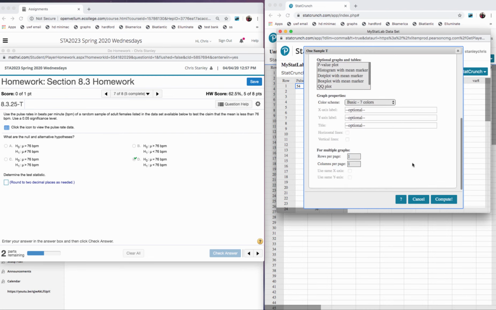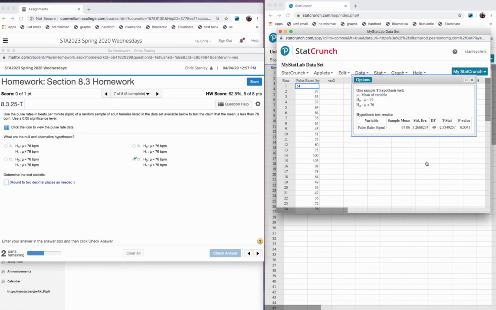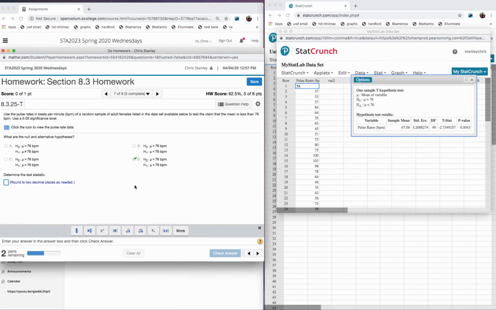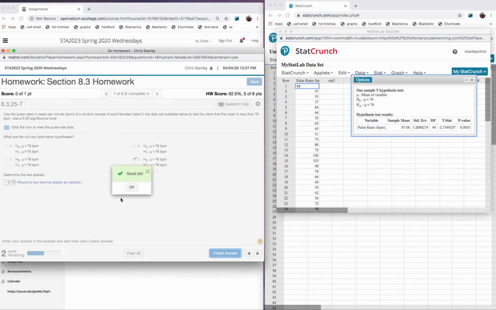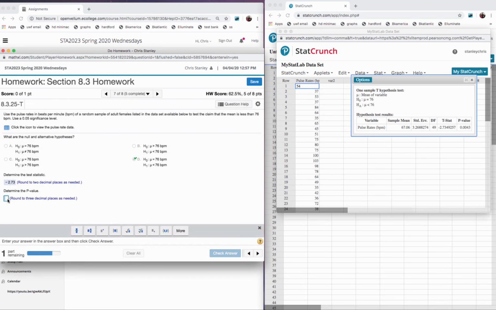Okay, good. So our test statistic is negative 2.73. And the p-value is 0.004.